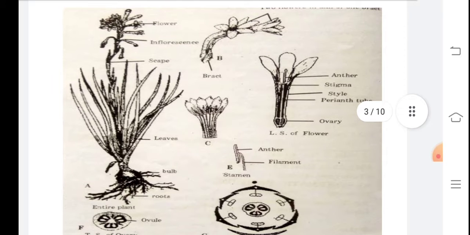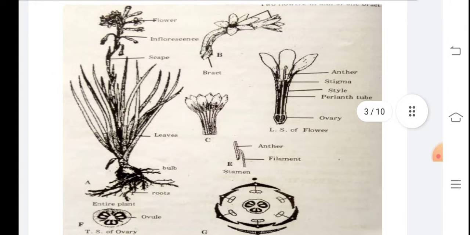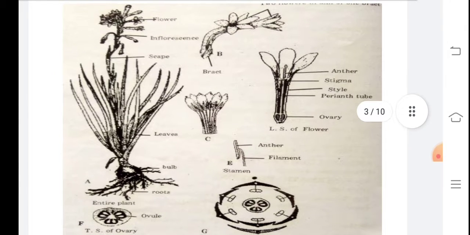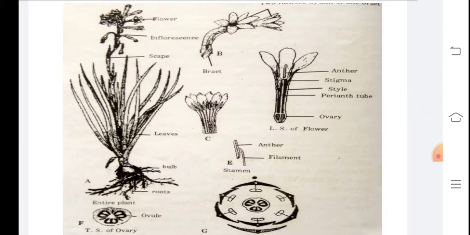You see how the plant is, radical leaves developing from the bulb, the root system. Then the stem is also developed, and it shows the development into the inflorescence. So it is a spike type of inflorescence, that is, flowers are sessile.